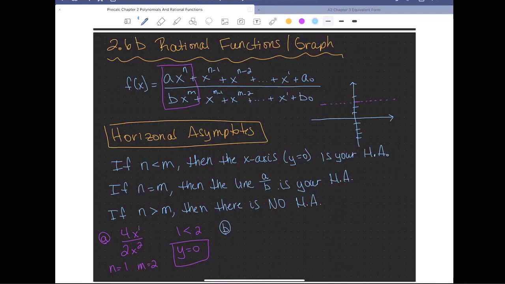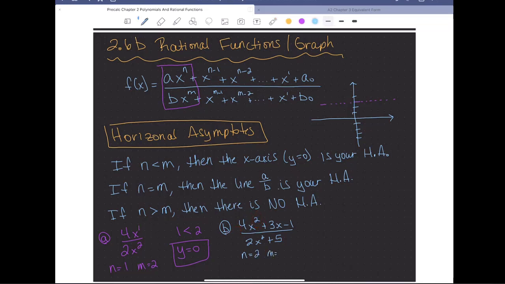Let's say we had 4x squared plus 3x minus 1 over 2x squared plus 5. We're going to do the exact same thing that we just did. I'm going to find my n. My n is my highest degree in my numerator, which is going to be 2.